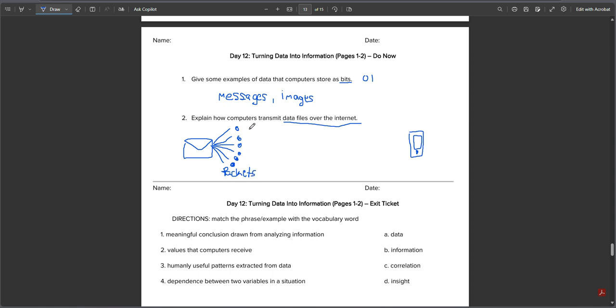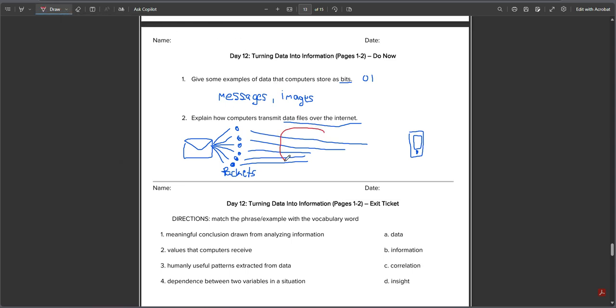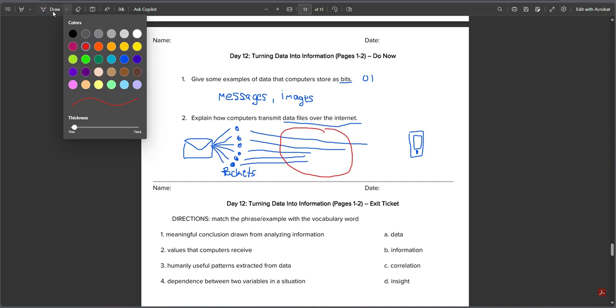And then these packets travel through the internet. So pretend that this right here is the internet. They travel through the internet and they eventually land close to your friend's phone.